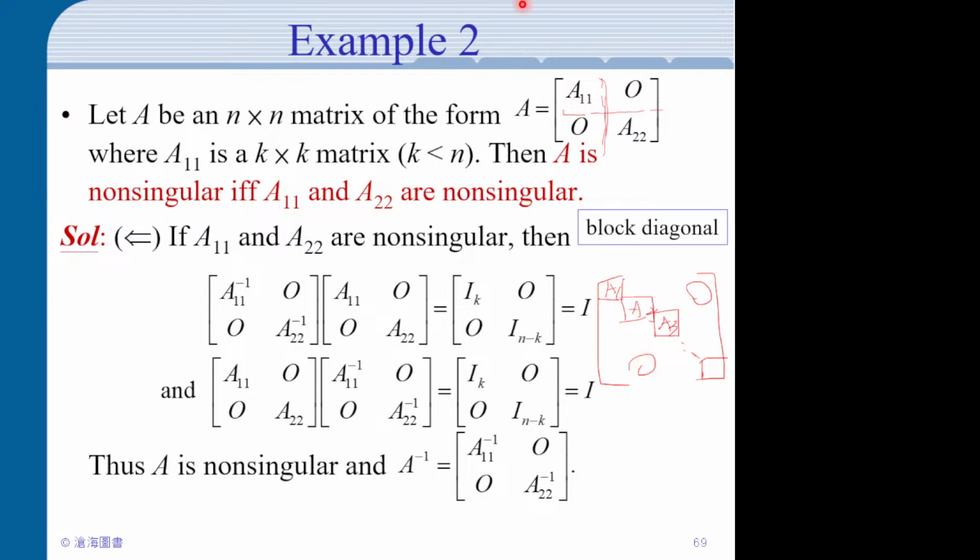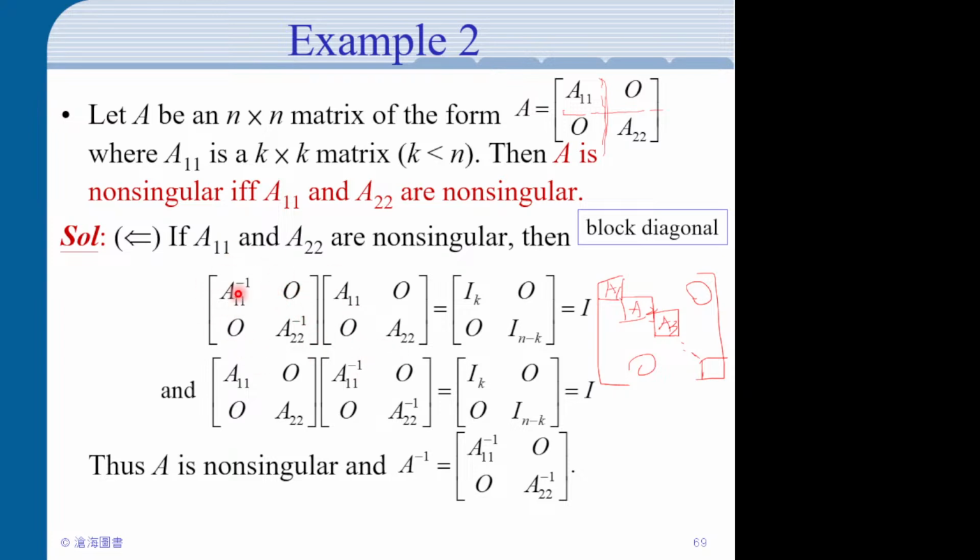But anyway, here we just want to prove something simple. We want to say A is non-singular if and only if both of those blocks are non-singular. Let's prove the two directions. If both of them are non-singular, then they have inverses, and we can find the inverse of A with this matrix.